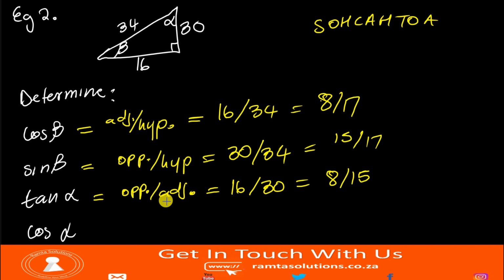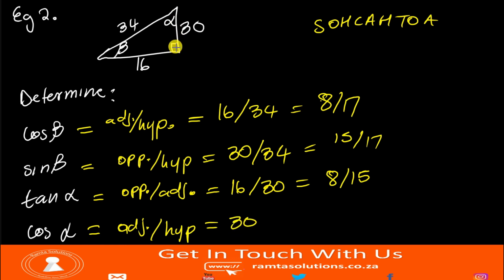Perfect. Lastly, looking at cos alpha. Again, cosine is adjacent over hypotenuse. Here is alpha. Which side is adjacent to alpha? It's this one here, which is 30 units long.